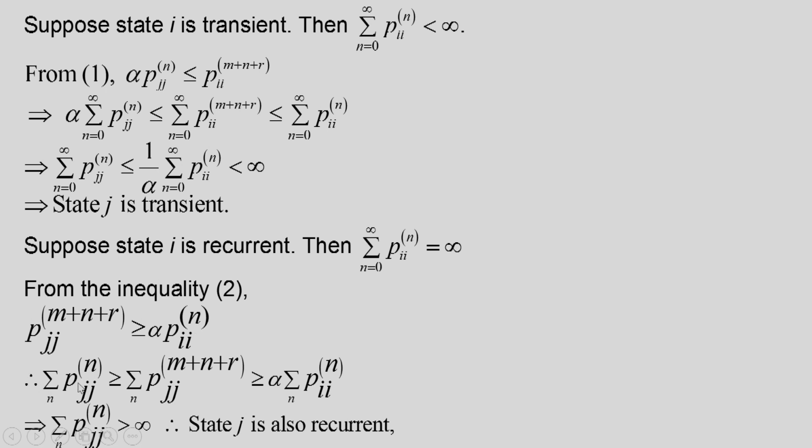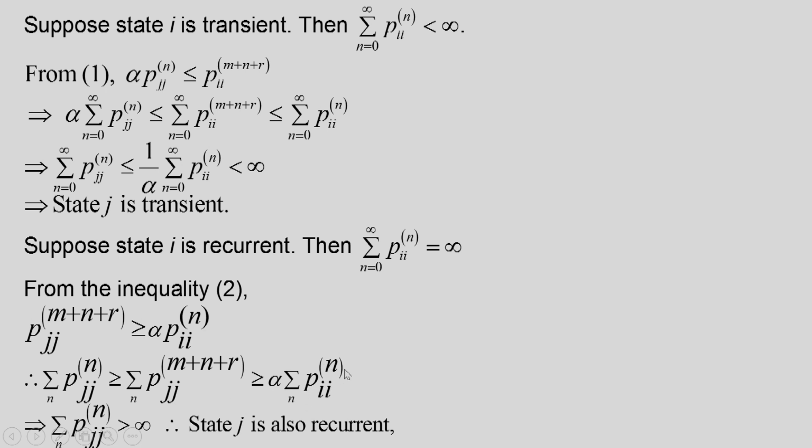Now if I take the summation over n of P_jj, then this quantity will be greater than the summation of P_jj^(M+N+R), because here when n is equal to 0, this will start from M plus N only. Now from this result we will get that this is greater than or equal to alpha times the summation over n of P_ii^(n).